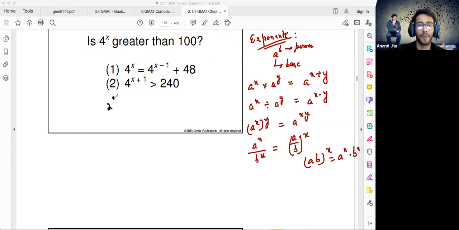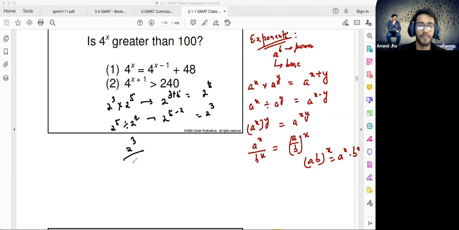Say for example, 2 power 3 into 2 power 5 is nothing but 2 power 3 plus 5, 2 power 8. 2 power 5 divided by 2 power 2 is nothing but 2 power 5 minus 2, so 2 power 3. 2 power 3 by 3 power 3: I can club this as 2 by 3 power 3, or you can write directly 8 by 27.